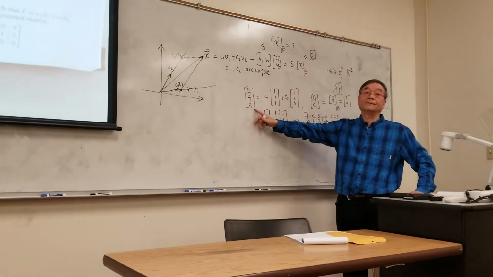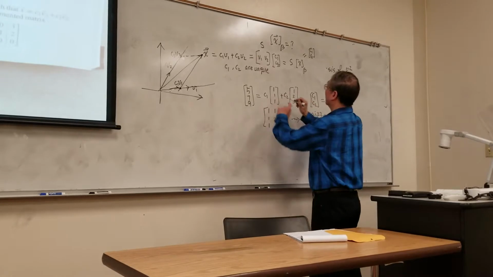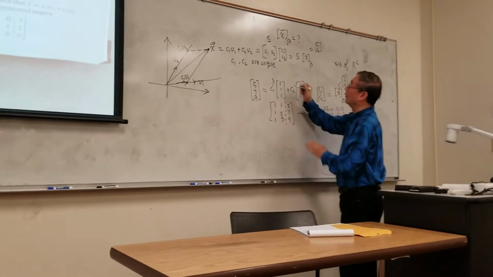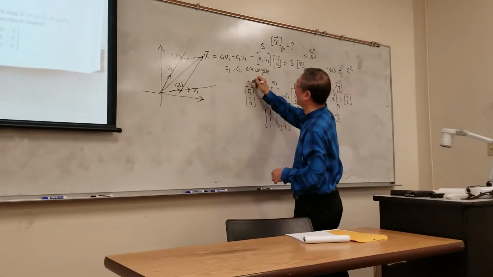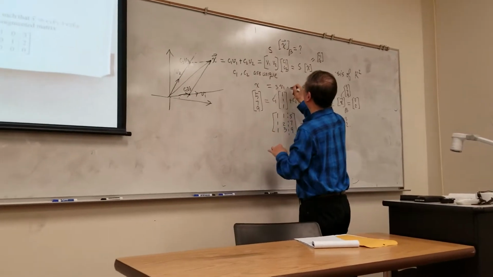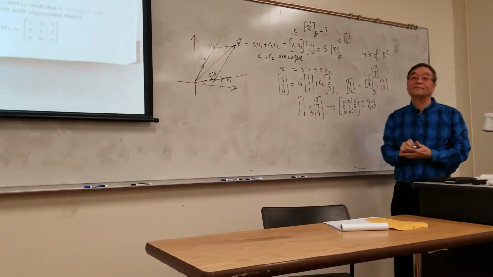Exactly this. This vector is C1 is 3, right? 3 times B1, so this X equals 3B1 plus 2B2. Okay?